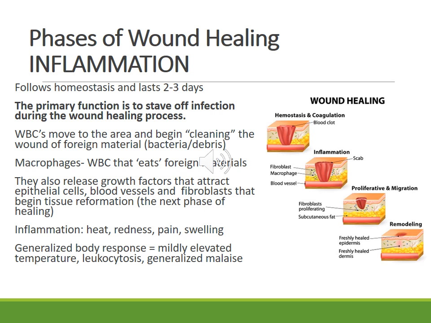So the white blood cells begin to move to that area. They begin to clean the wound of foreign material, bacteria, and debris. And again, the wound may have some inflammation, some heat, some redness, pain, and swelling to the site, and that's to be expected. And you may still see that scab area in this stage.